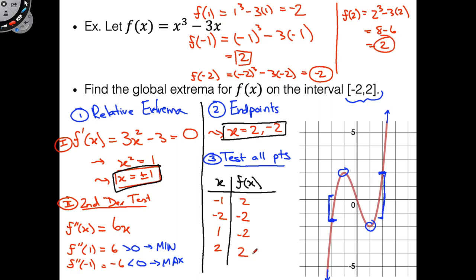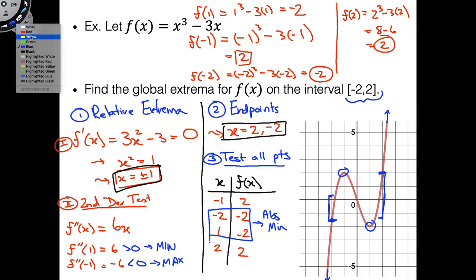Okay. So now the biggest y value in all this is going to be our absolute max, and the smallest is going to be our absolute min. The smallest y value here is minus 2, and it occurs at two x values. So this is going to be our absolute min. Let's maybe use a different color just to distinguish here.